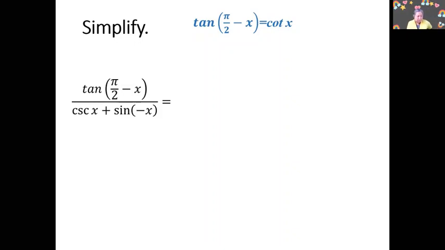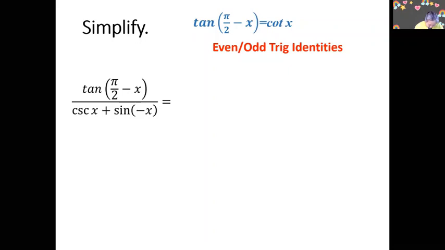Also, the denominator has sine of negative x there, and this one indicates the even and odd trig identities. If you guys don't remember, please go back to last week's instruction, it was in a couple of the last slides there, okay? Based on this, we can rewrite everything that we can.